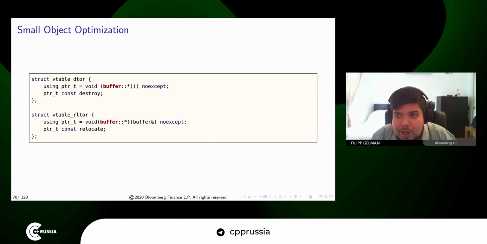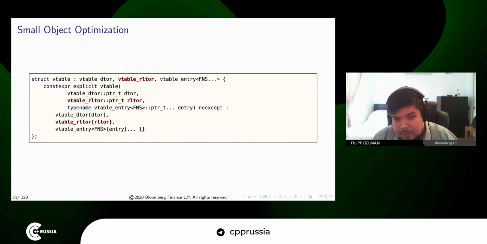And since I need to worry about moving objects between buffers that potentially hold objects right there, I can't just swap a pointer and be done. I might need to call a move constructor. And that's what vtable relocator does, vtable RLTOR. It holds a pointer to buffer member function to the right relocate function that I showed you a few slides ago.